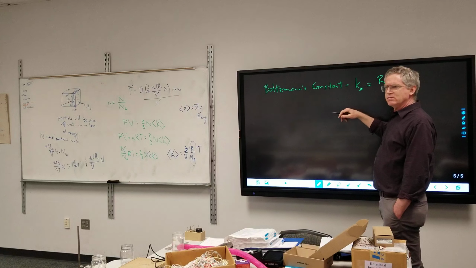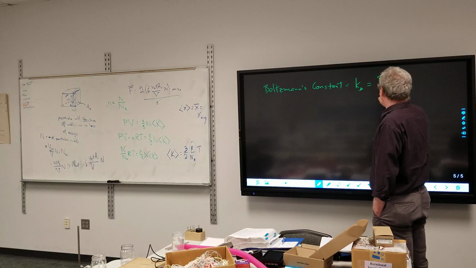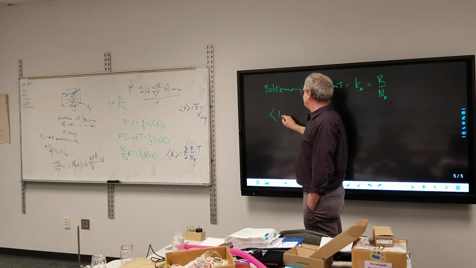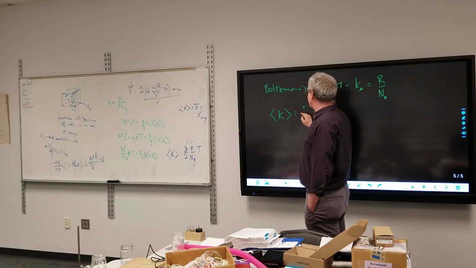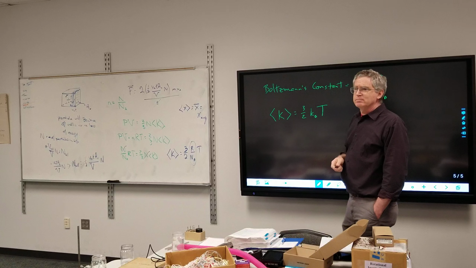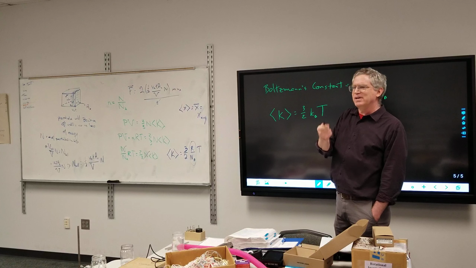I haven't had chemistry since the early 80s. Well, it's R over Avogadro's number. So this now becomes the average value of the kinetic energy is 3/2 times Boltzmann's constant times the temperature, and that's in absolute terms, in Kelvin. Gas constant, ideal gas constant? Yeah, it's ideal. Ideal, all right.